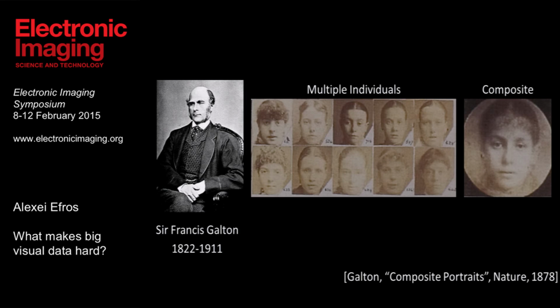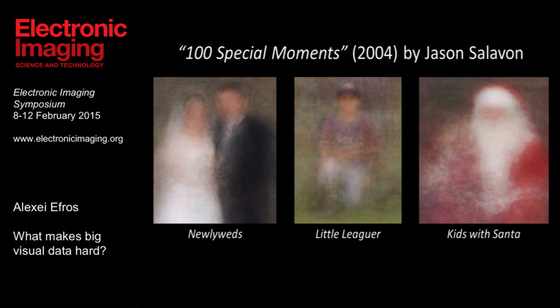It's actually a Nature paper from 1878, really nice to read. What he wanted to do with them is less noble, I should say, but it's definitely a neat scientific trick that we now call image averaging, and it has been used lately in art, actually, in a big way.